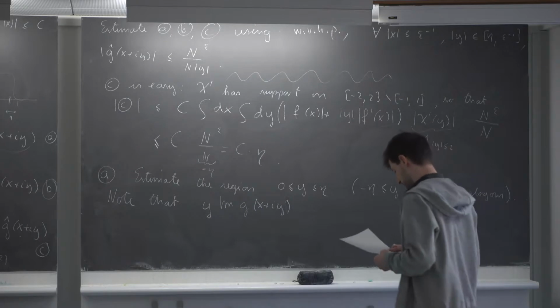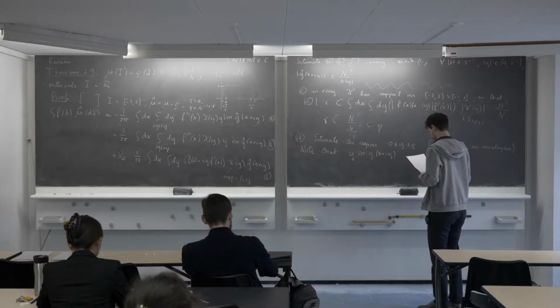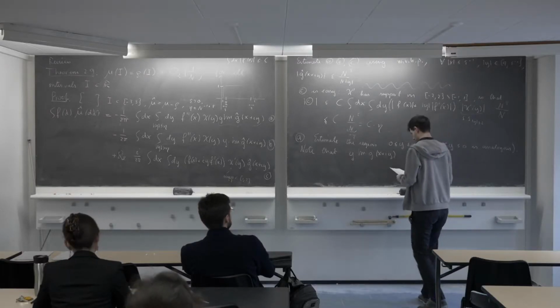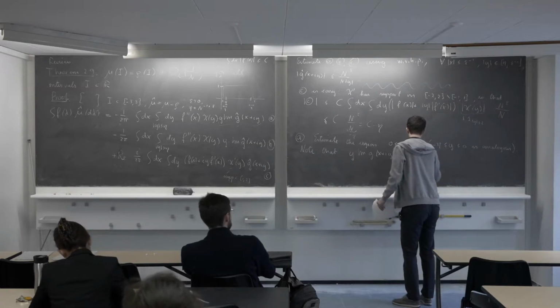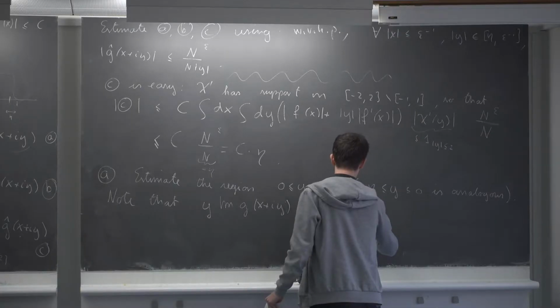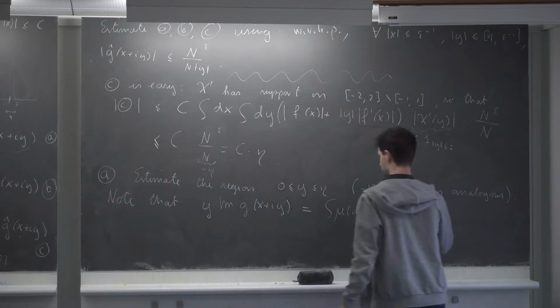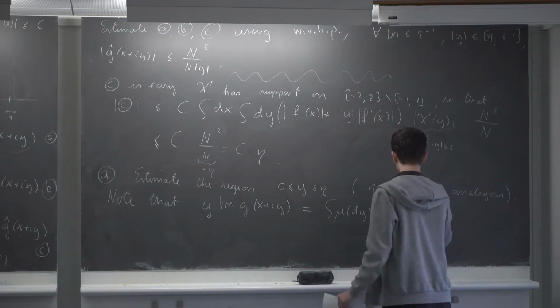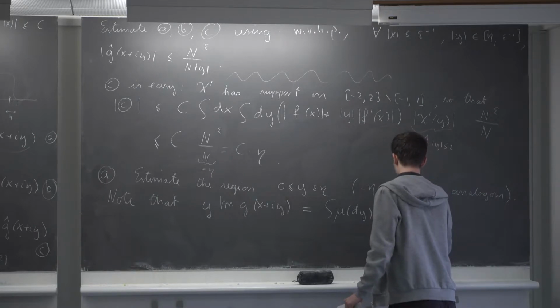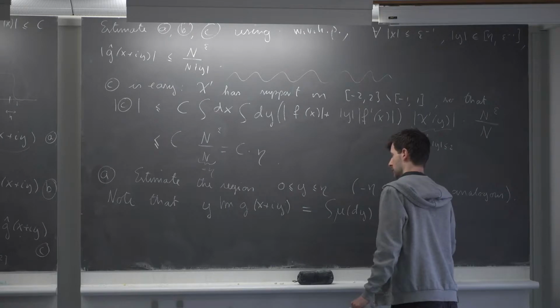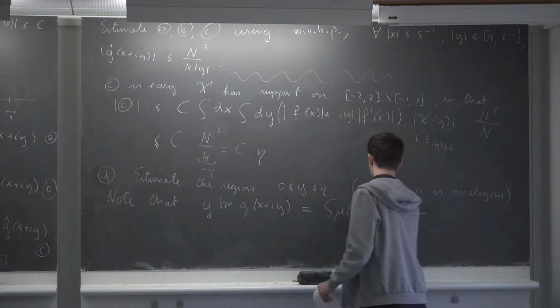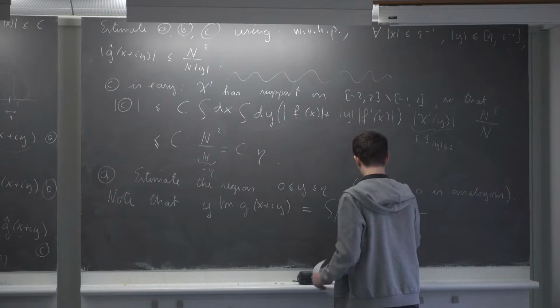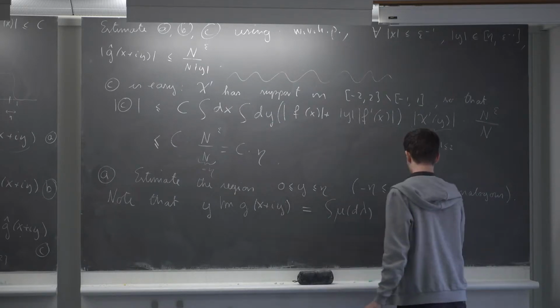I claim that this function is monotonically increasing in y. And why is that? Well, this is very easy. Just write up the definition of the imaginary part of g. You get y squared over x. Let's see. I should not use y. I should use some other variable. Lambda, maybe.